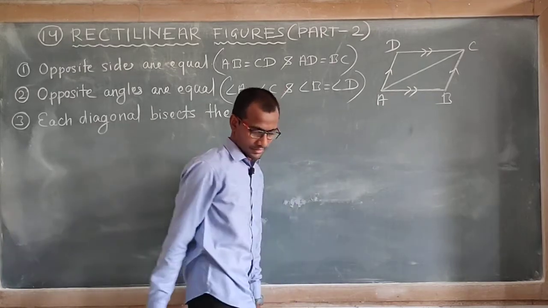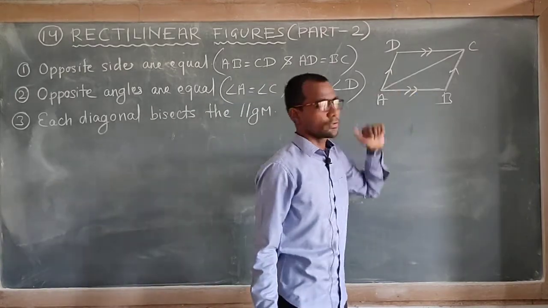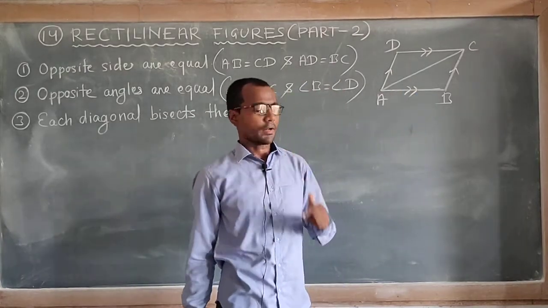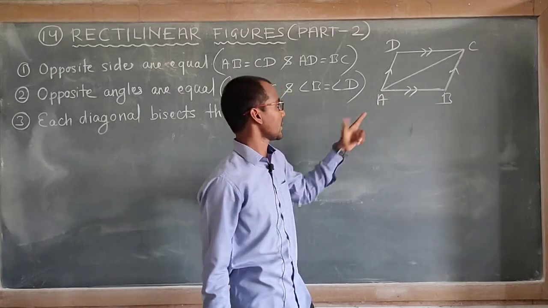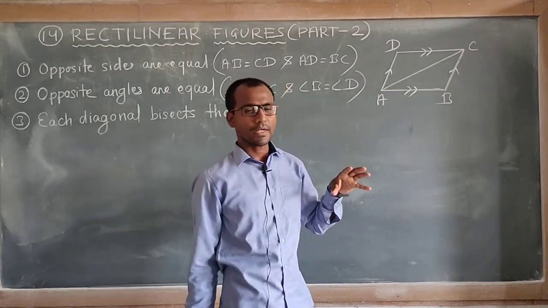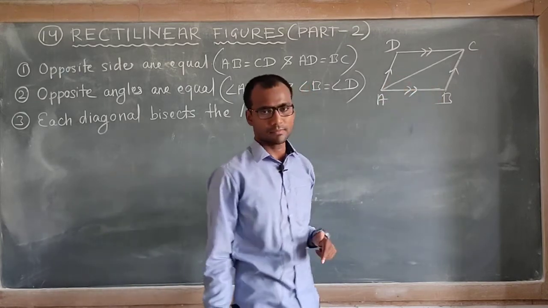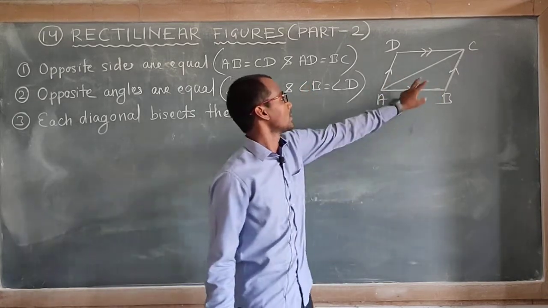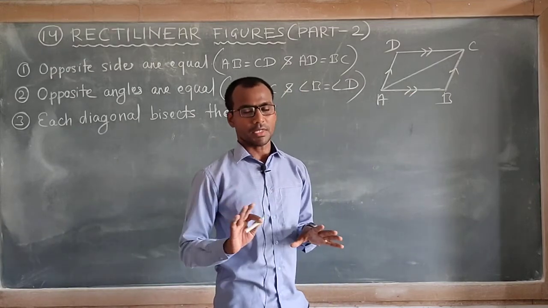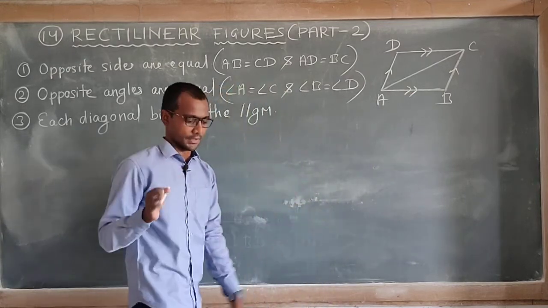Let us join AC. When I join AC, I get one diagonal AC. You can see this diagonal AC has divided the parallelogram into two triangles, triangle ABC and triangle ADC. Now bisect means these two triangles are congruent to each other. Okay, this is the meaning of bisect.